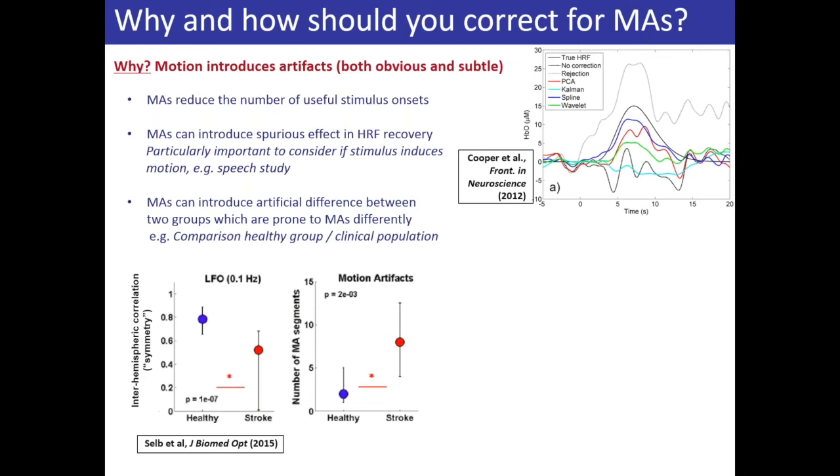This is just the number of motion artifact segments in healthy and stroke population, and she saw that there is a significant difference. So actually what we were seeing as an interhemispheric correlation, we could easily go ahead and derive many neuroscientific conclusions from that, but it was just because of the different motion artifact content in the signal.